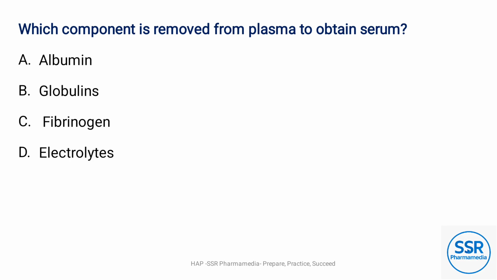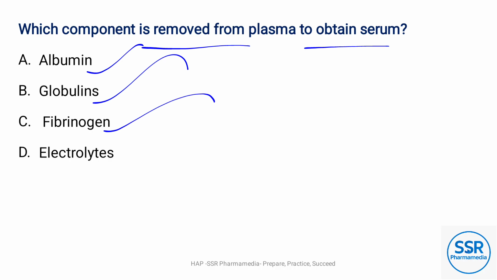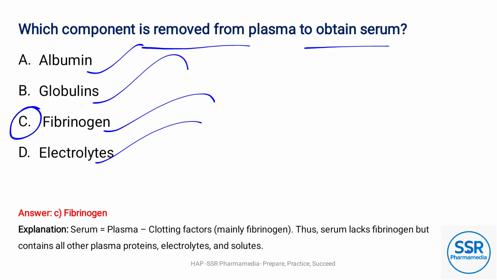Which component is removed from plasma to obtain serum? This is a very important question. Option A, albumin. Option B, globulin. Option C, fibrinogen. Option D, electrolytes. The answer is option C, fibrinogen.